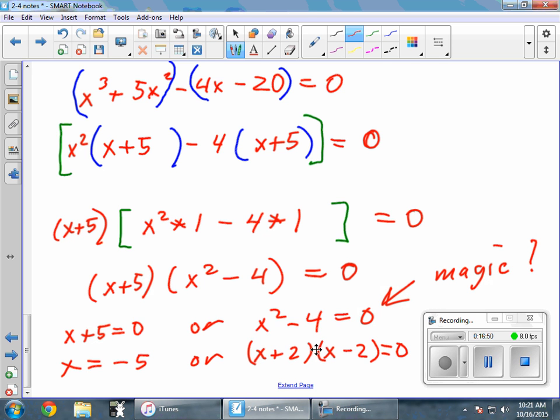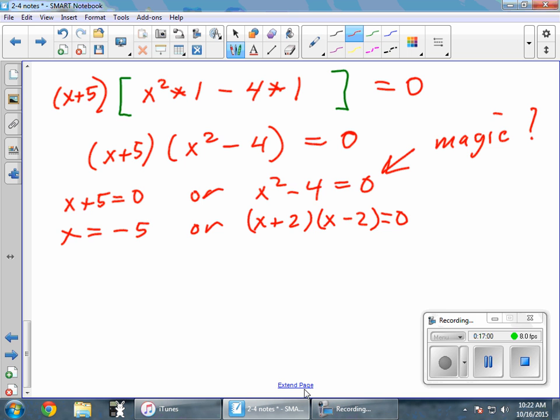You know, if you see x squared minus 4, x squared minus 9, x squared minus 16, x squared minus 25, etc., those are all differences of squares. And when you see that, it's just money. So then you do it again, x equals negative 5, or x plus 2 equals 0, or x minus 2 equals 0. And from there, you all can solve it. And that's wicked cool. That's another way.